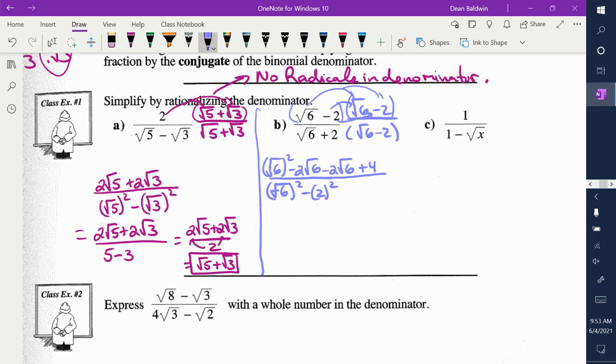All right, now we got to simplify this thing. What's root 6 squared? 6. Negative 2 root 6 minus 2 root 6 is? Negative 4 root 6. And then there's a plus 4 in the end.